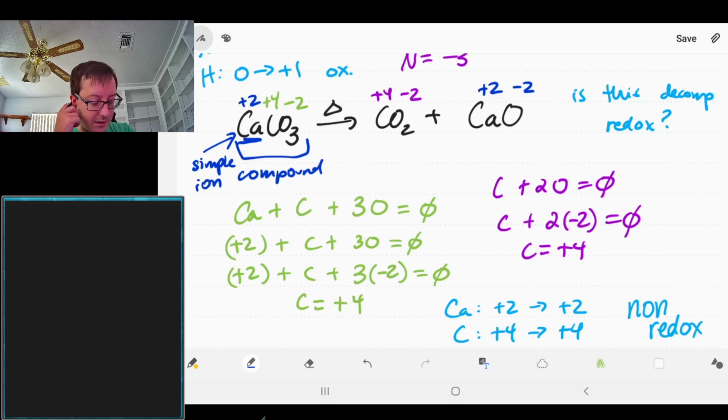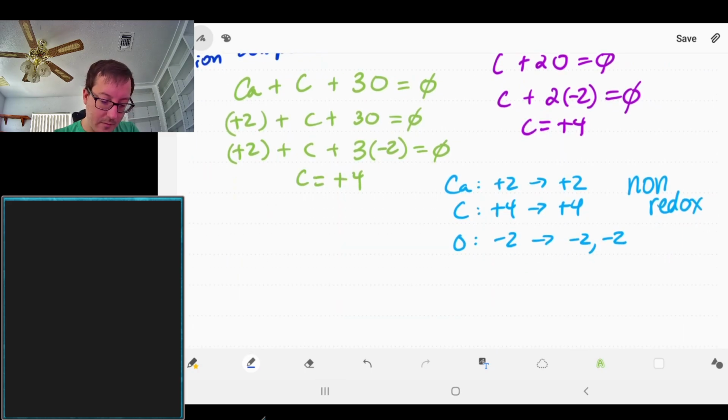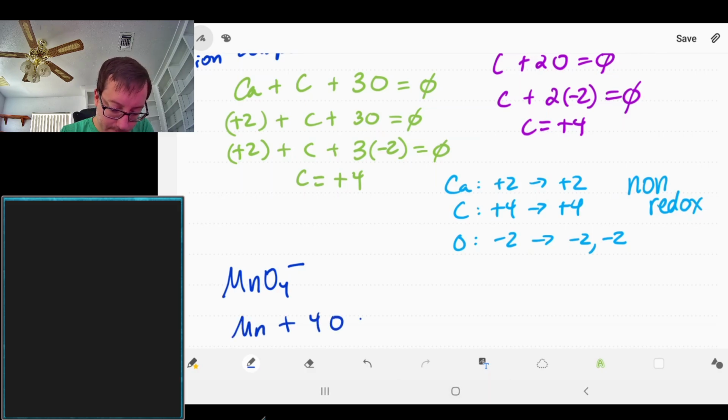I think, in some of the homework, you're going to have things like this, where you're using the permanganate ion or the hydroxide ion or something. At that point, then you can go ahead and look at polyatomic ions by themselves. And you'll apply rule 3 and, for this one, you'd set it equal to -1.